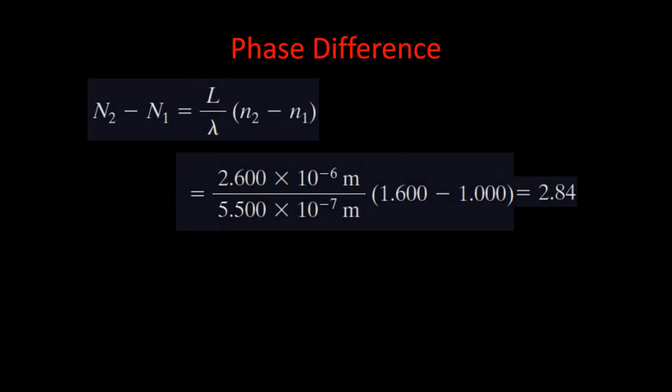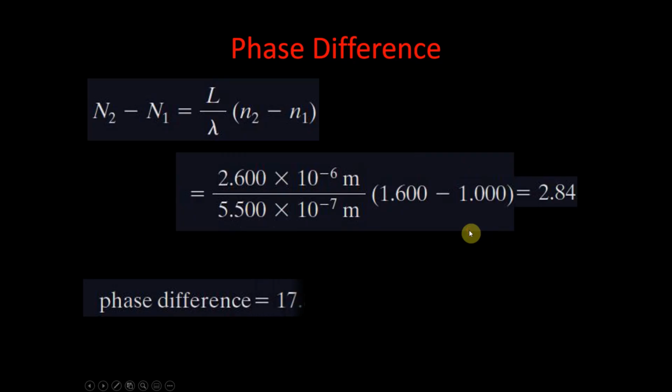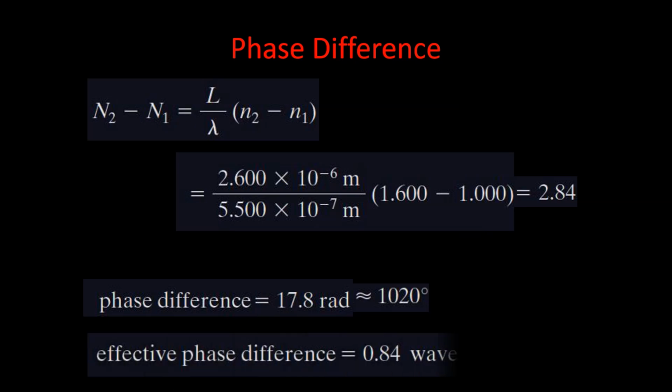In our case, this was 2.6 times 10 to the minus 6, 2.6 microns, and this was 550 nanometers in terms of the wavelength. N was 1.6 and 1 to give us 2.84, which gave us, in the end, our phase differences of 17.8 radians, or 1020 degrees, giving us our effective phase difference of 0.84 wavelengths.